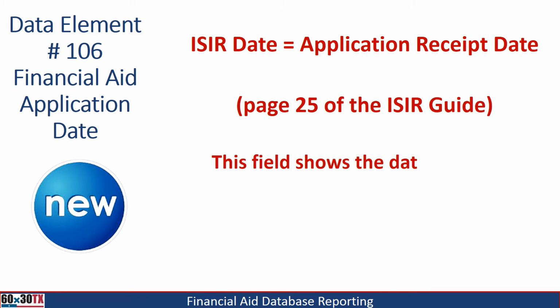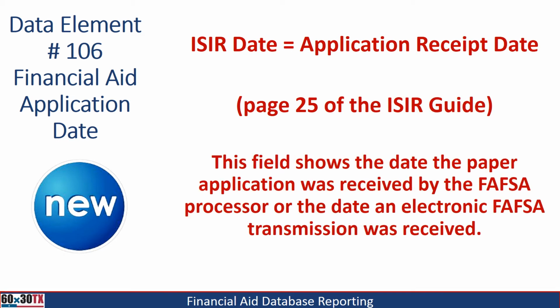This field on the ICER shows the date that the paper application was received by FAFSA or the date the electronic FAFSA transmission was received by the central processing system. For TASFA applicants, institutions should report the first date on file that the application was submitted.